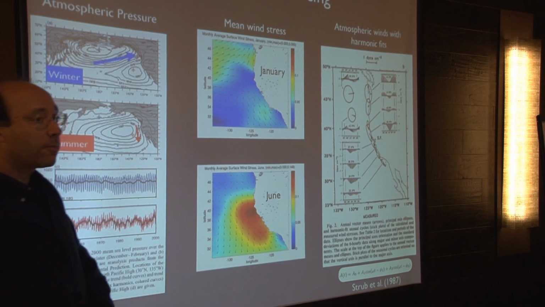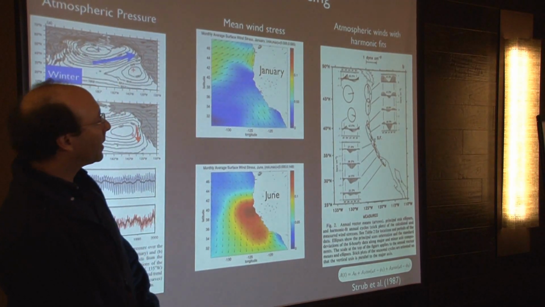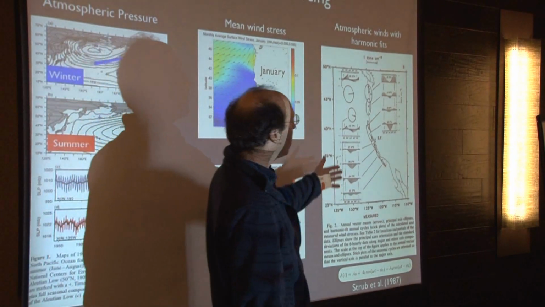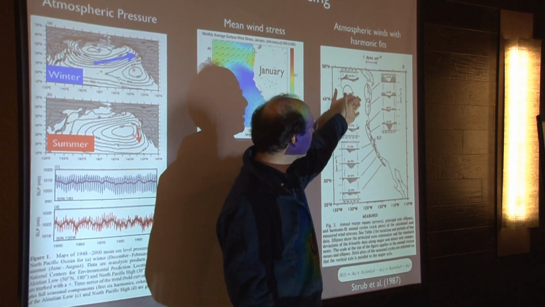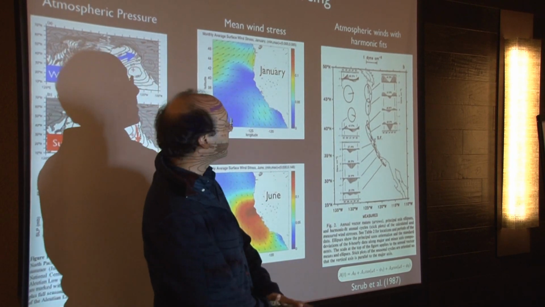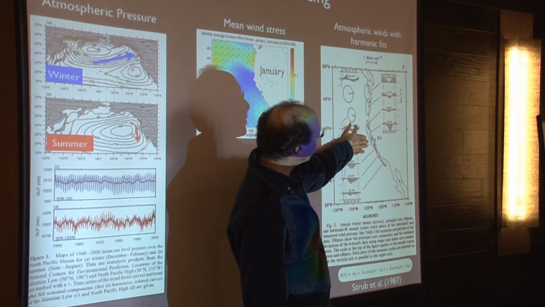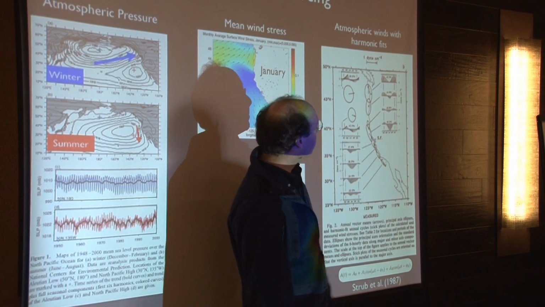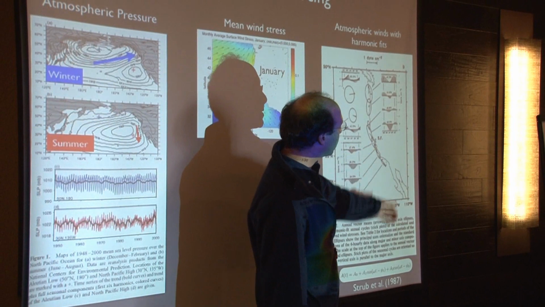And this has been well known for quite a long time. This is a nice paper by Ted Strub, now 25 years ago or so, but it illustrates from data some of the variability in upwelling, both in the mean and in its variance ellipses, showing mean downward circulation or wind stress off of the Washington coast with mean upwelling favorable circulation off the central California coast, whose amplitude is largest right here in the region north of San Francisco, and then tapering off as we go down towards the Southern California bight.